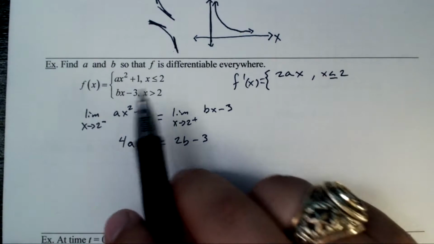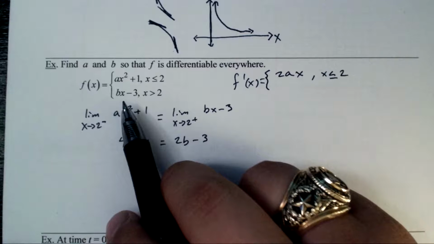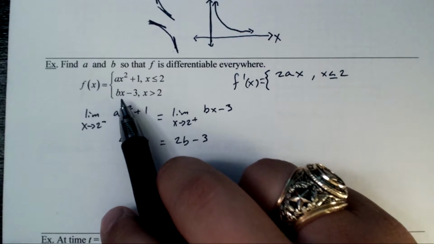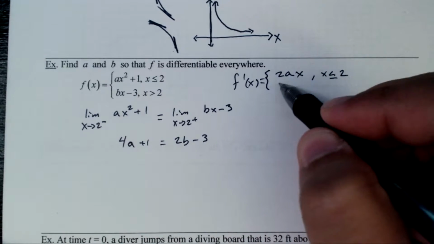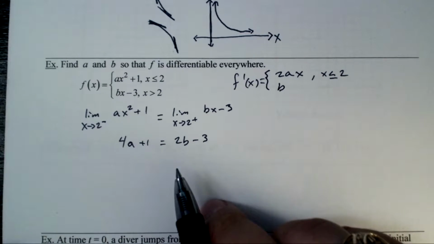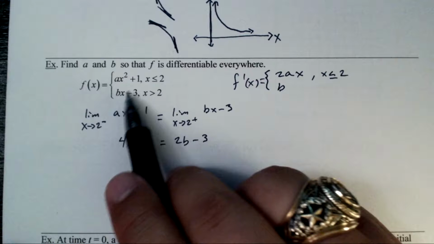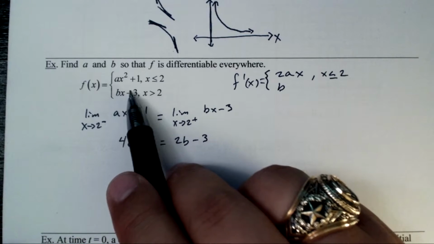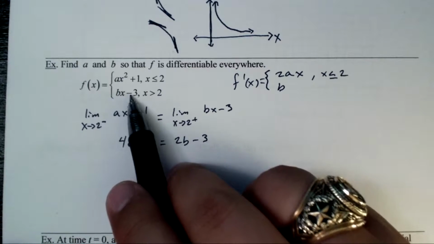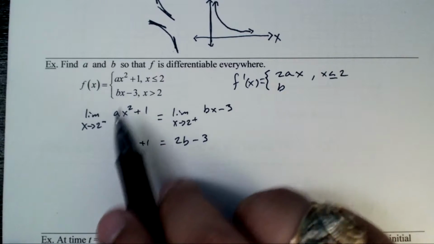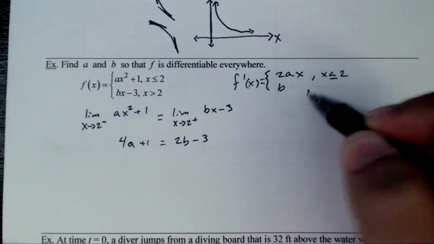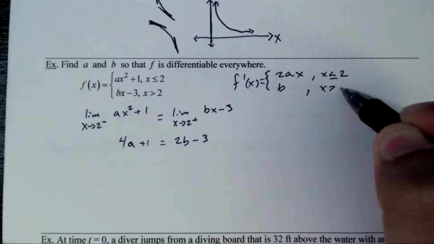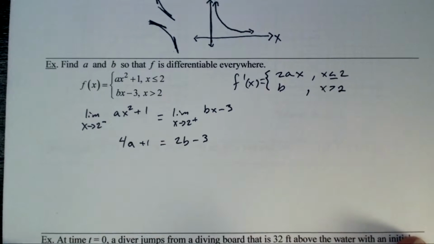Then when we differentiate the next one, we get that the derivative, or the slope of the tangent, has to be b, because it's x to the 1. You use the power rule, it becomes x to the 0, minus 3. This 3 is a constant, so it's just going to go away. In other words, this function will simply be b for every x value greater than 2.